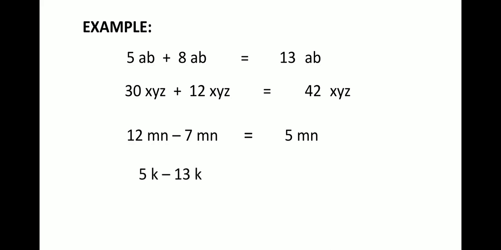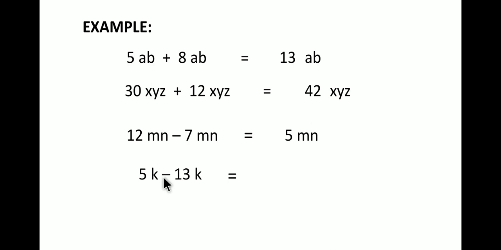Similarly, 5k minus 13k is equal to... just check first that for 5k, the sign in front of 5k is plus. There is no sign, which means it's plus. And the sign in front of 13k is minus. They are different signs, and we have learned that with different signs we have to subtract.